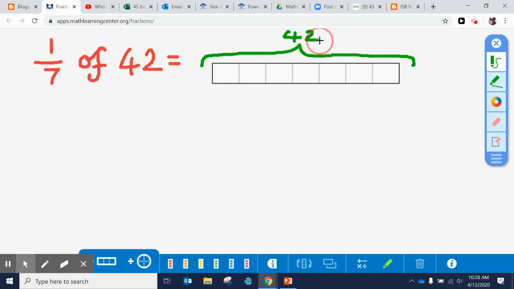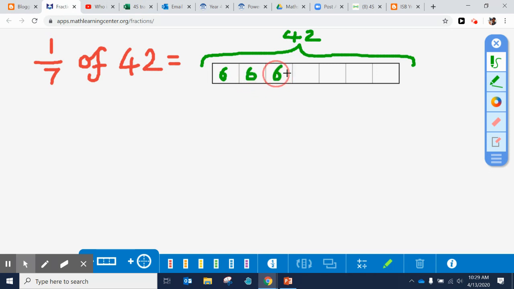And when I divide 42 into 7 equal parts, a number must go in here. So in other words, how many 7s are in 42? Let's count up in 7s. 7, 14, 21, 28, 35, 42. Counted 6 times there. So there is 6 in each part.